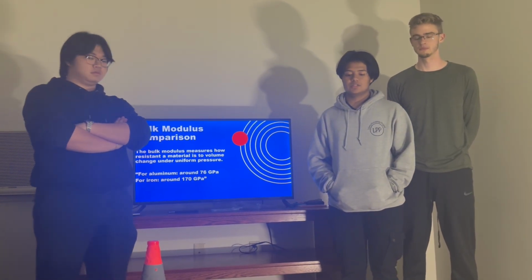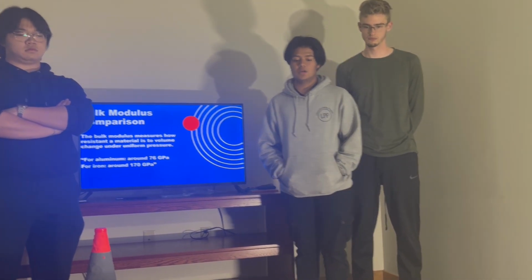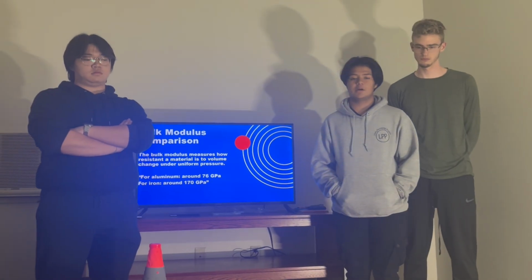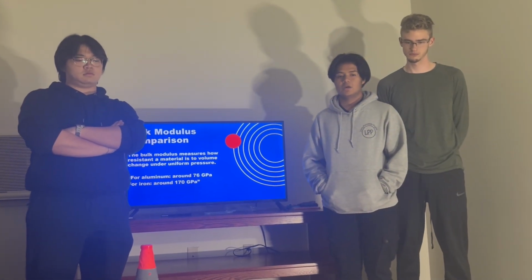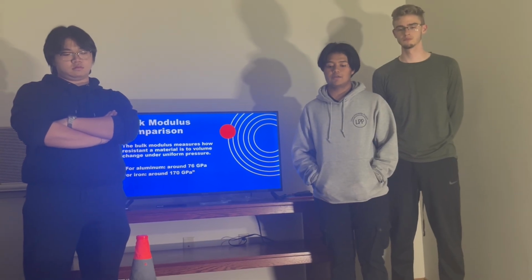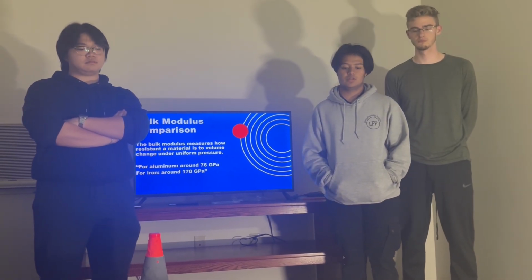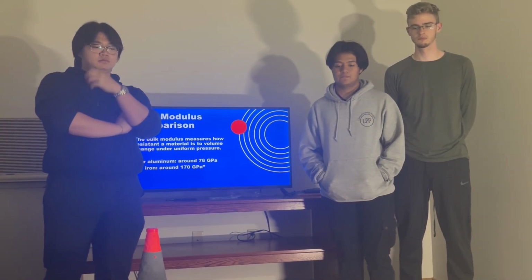Bulk modulus comparison. The bulk modulus measures how resistant a material is to volume change under uniform pressure. In other words, it quantifies atomic bonding strength. Using similar principles, the bulk modulus can also be derived from interatomic potential curvature.